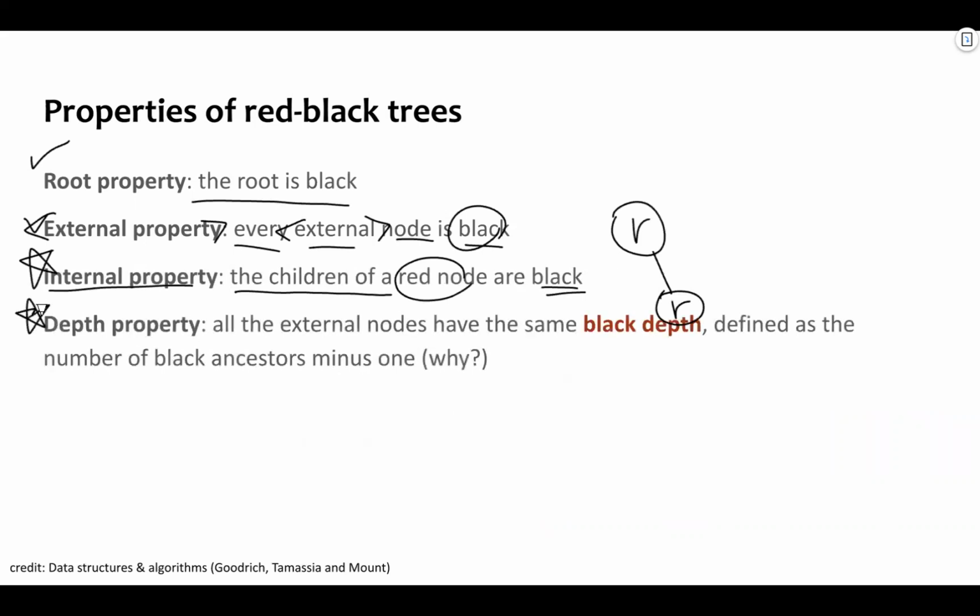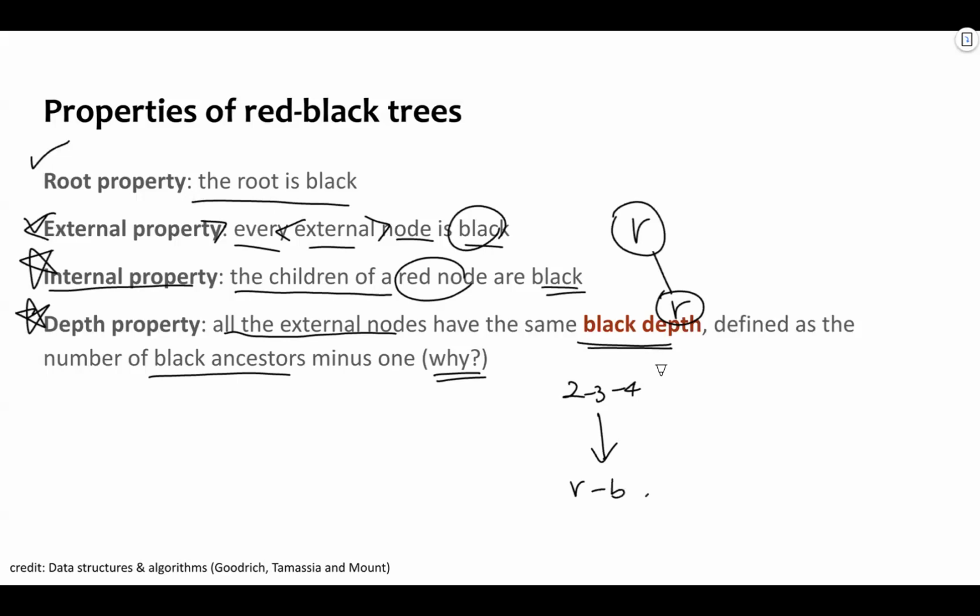And the depth property is also very important. All the external nodes have the same black depth, defined as the number of black ancestors to the top. So why? Because we converted 2, 3, 4 nodes into red black trees.